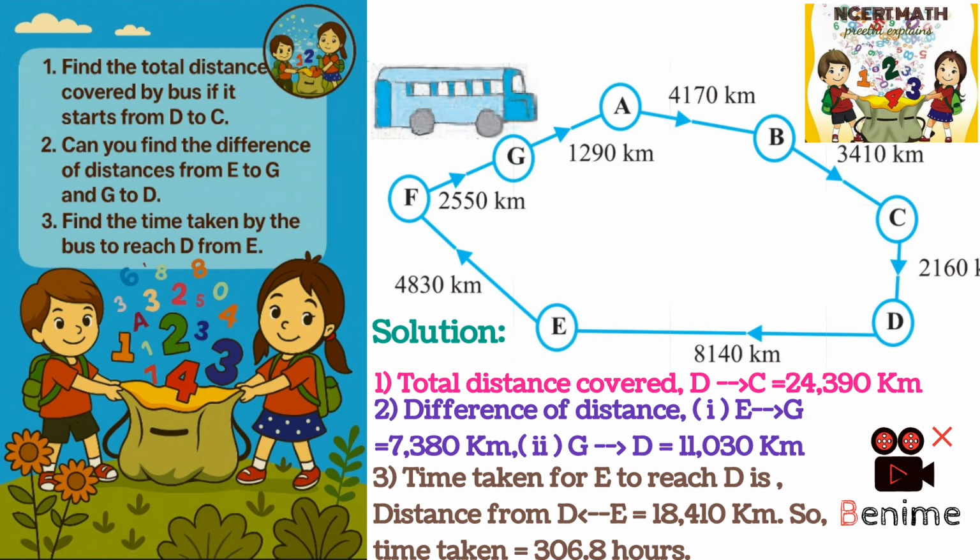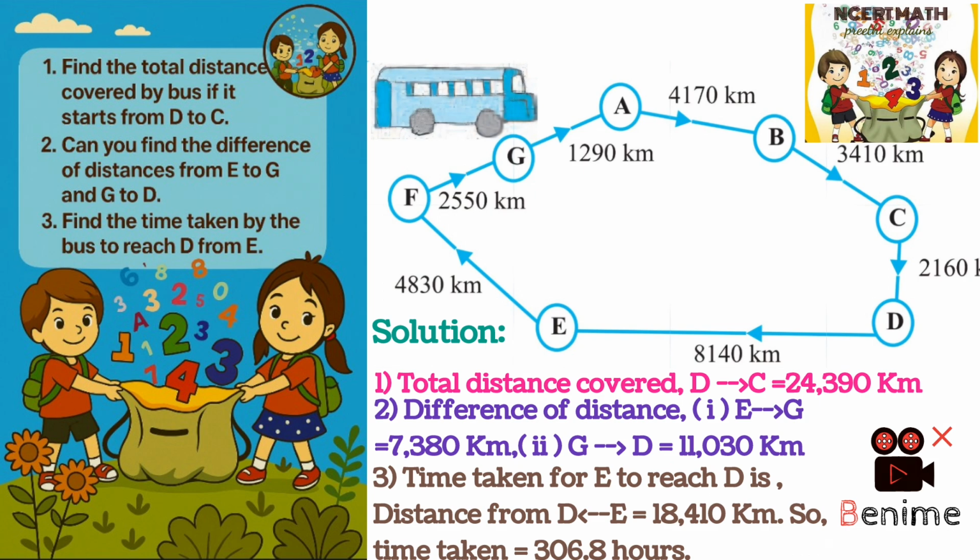Otherwise, we can subtract the distance traveled from C to D, 2160, from the distance from A to A, 26,550. That means 26,550 minus 2,160, which is nothing but 24,390 kilometers.